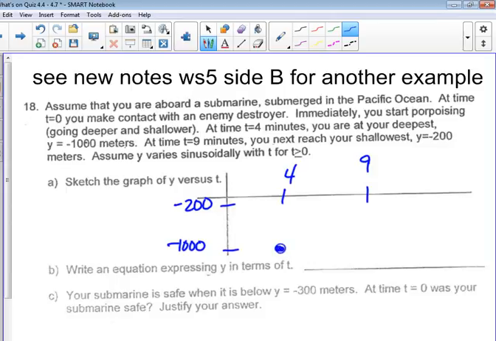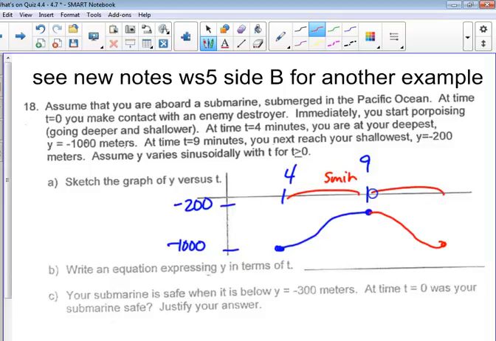Is that a period? That's half of a period, right? Went from deepest to shallowest. Okay. What can you tell me? Assuming it's periodic, which we're supposed to assume, this is half a period, which was 5 minutes in here.